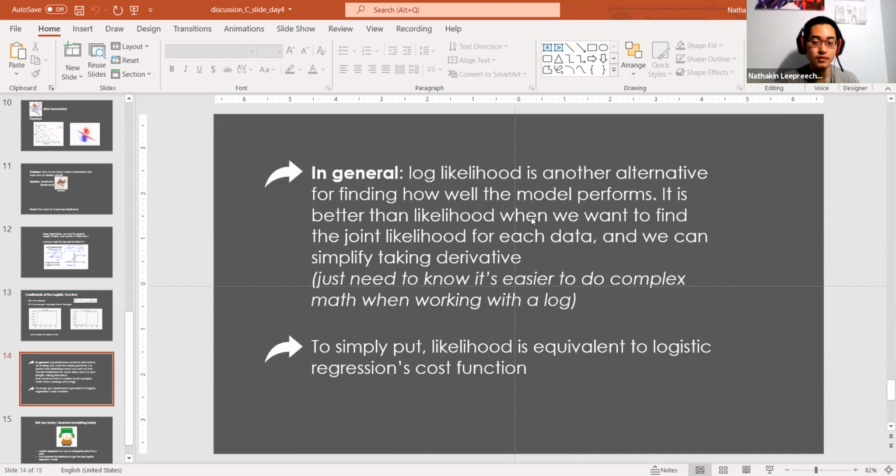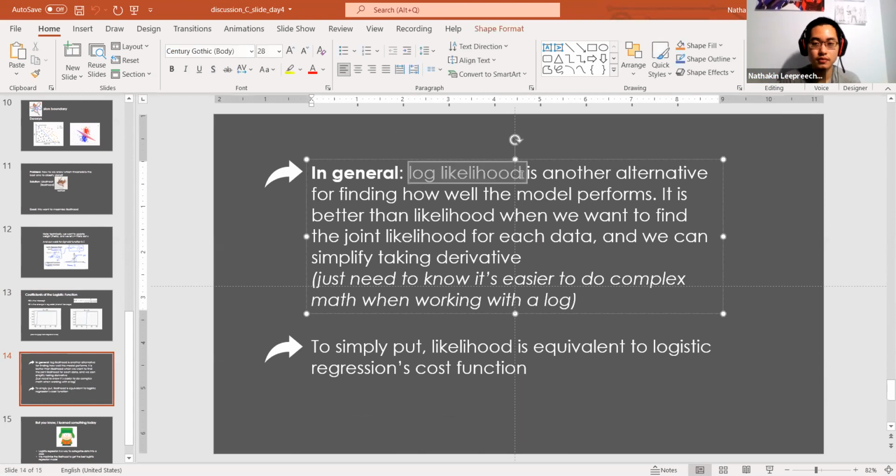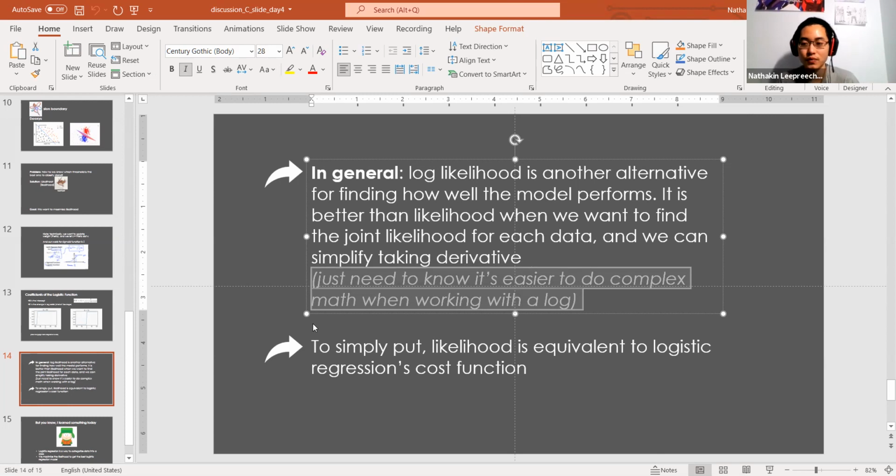Just a side note, generally people use log likelihood, simply because you can take the derivative of the log likelihood in an easier way than if you keep using the likelihood. In simple English, you just need to know that it's easier to do complex math when you're working with the log. So that's something for you to be aware of too.